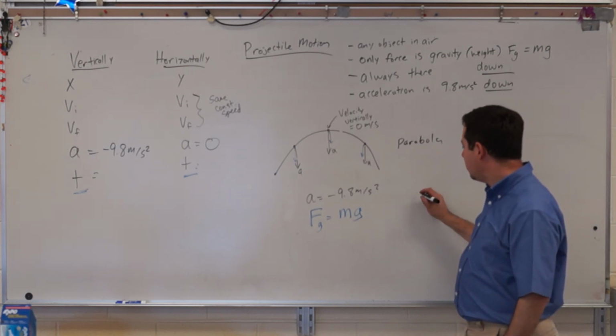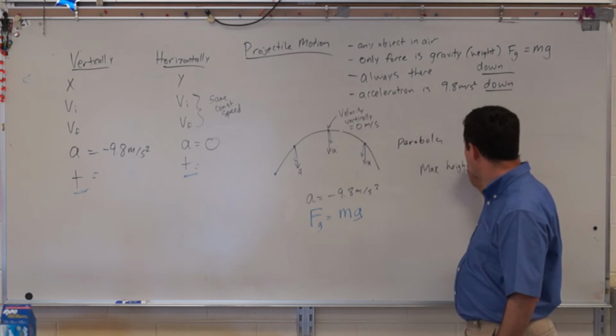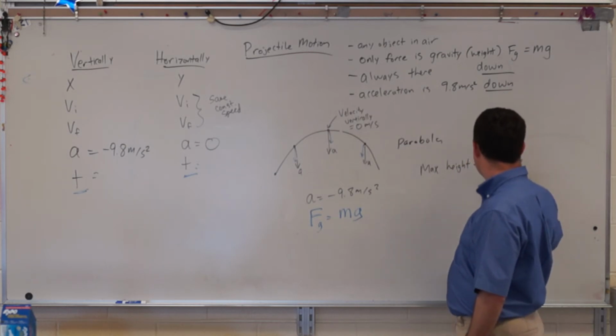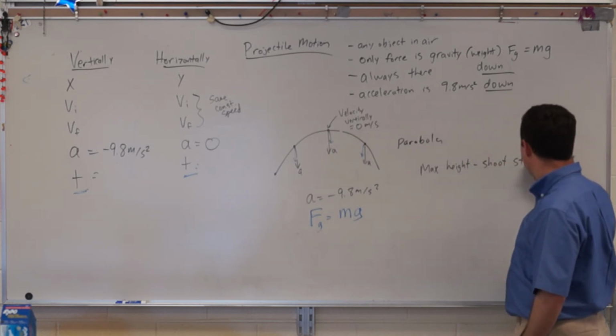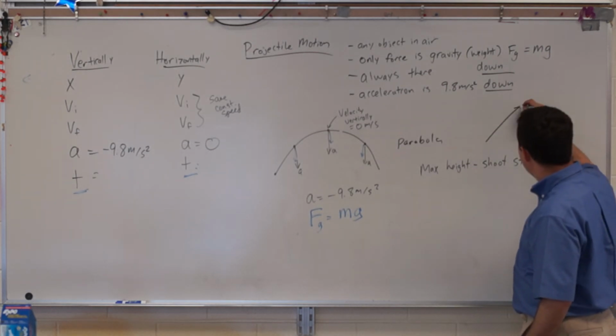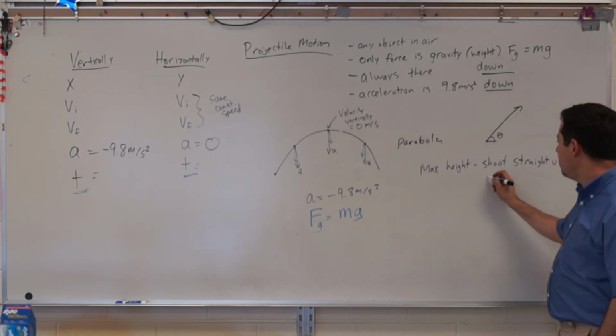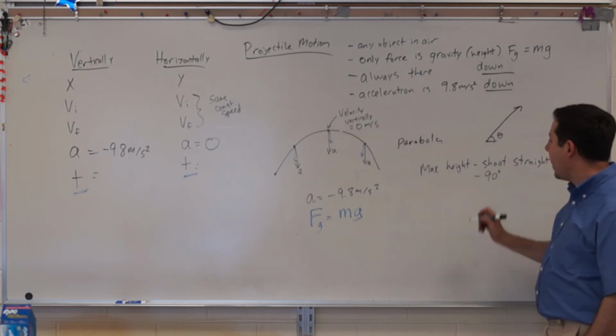A couple other things to note. For the max height, you want to shoot straight up. So the angle that we might measure from the projectile is from the horizon. So shooting straight up would be like a 90-degree angle.